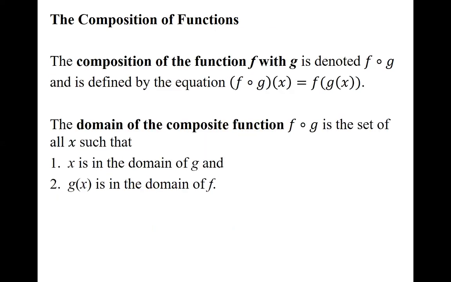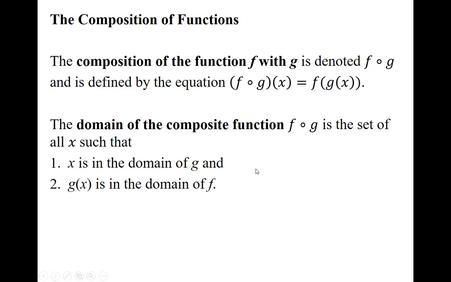The composition of the function f with g is denoted as f composite g. That circle, f circle g, that's not a multiplication dot, and is defined by the equation f composite g of x is f of g of x.